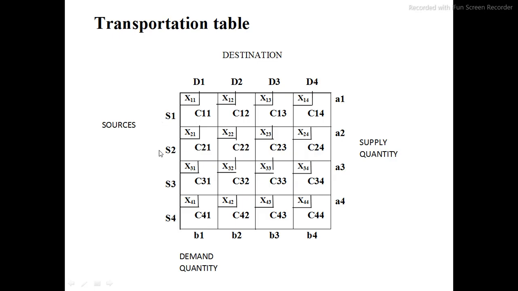So these are our warehouses where we can keep our stocks. S1 is one warehouse, S2 is another, S3 is another, S4 is another, and like this up to Si warehouses are there.